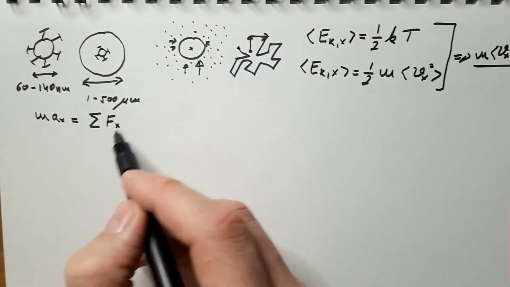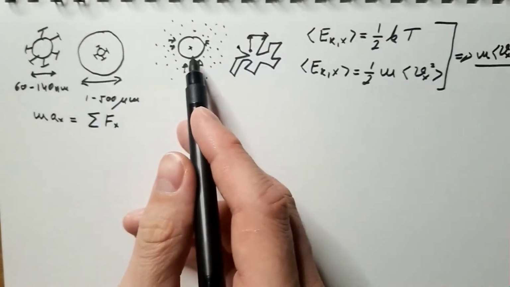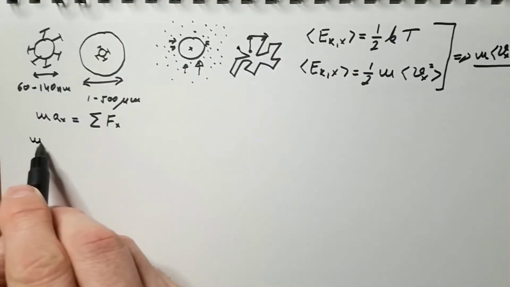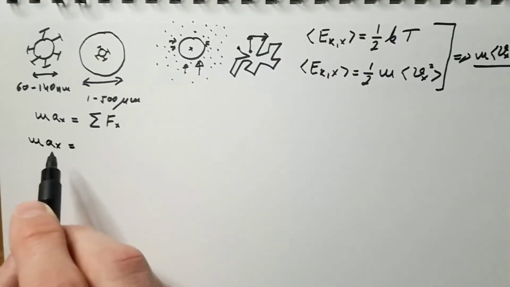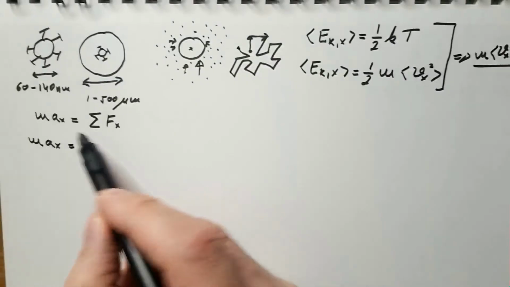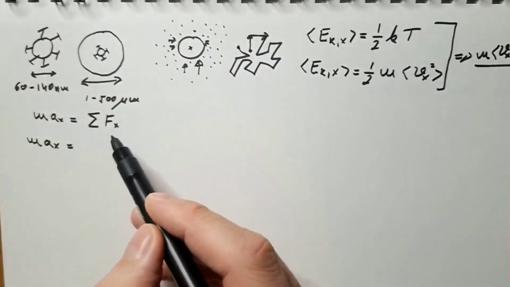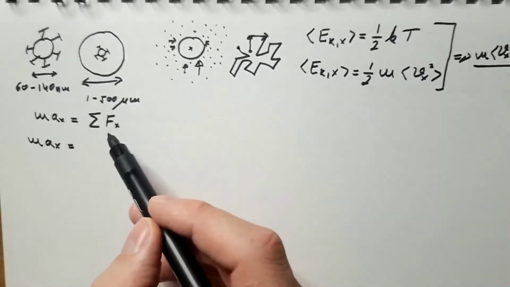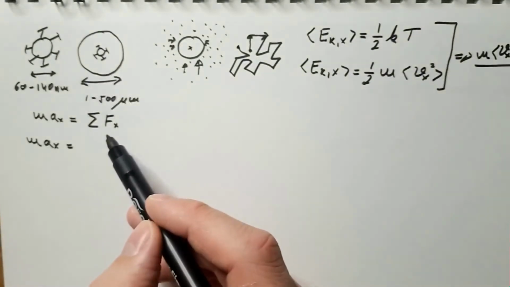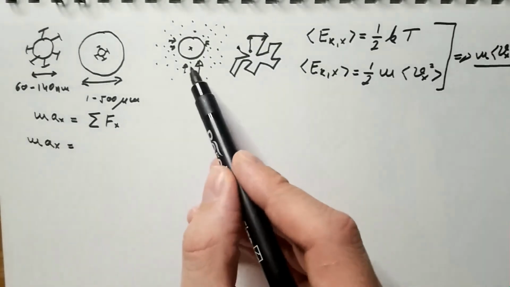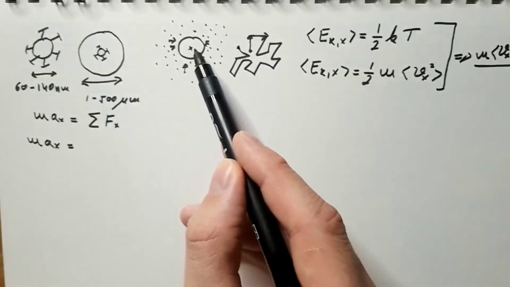Now, I need to see what are the forces that are affecting the motion of this droplet. Well, mass times acceleration is equal, and as you can see, I'm constructing the model in the x direction, and then similar to my previous video on the random walk, you will see how easy it is to generalize it to three directions. Well, what are the forces acting on this droplet?